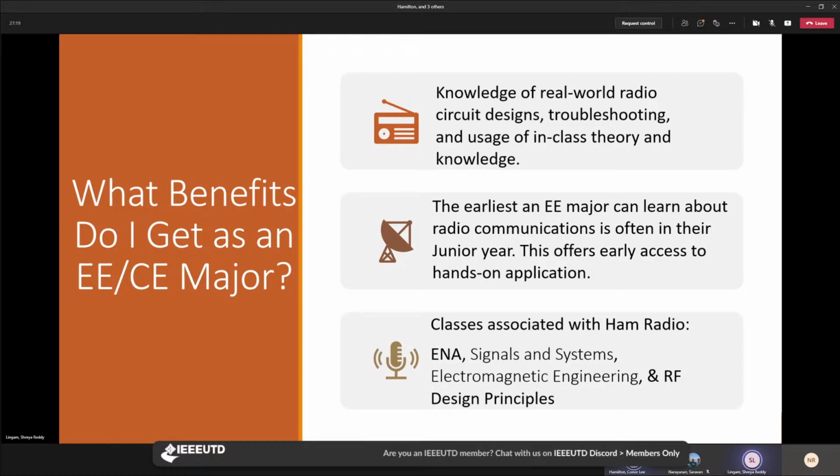So there's a handful of classes that actually help out with learning amateur radio. ENA, you learn basic circuit design, you have passive elements, and you learn how to build different circuit topologies. Signals and systems, you're learning the basics of signals and transmission of waves. EMAG is the big one that everybody has to take. That's the one that most people are afraid of, and it's really never all that bad.